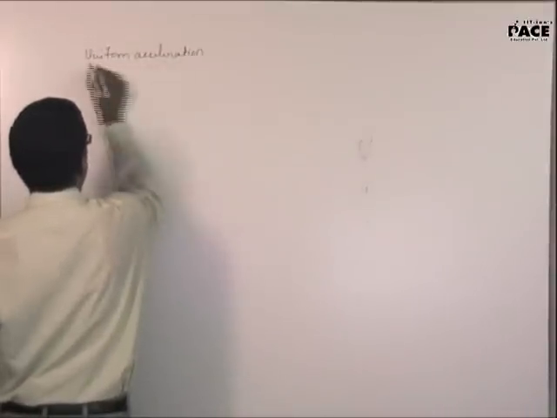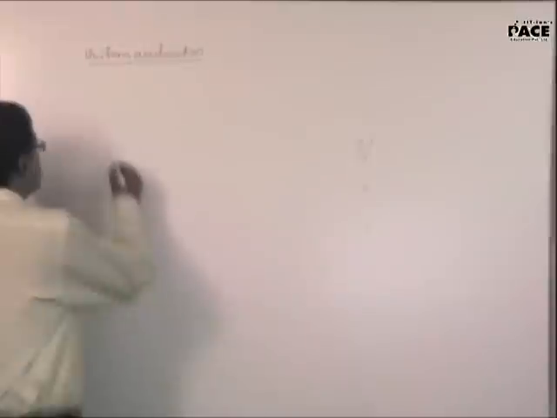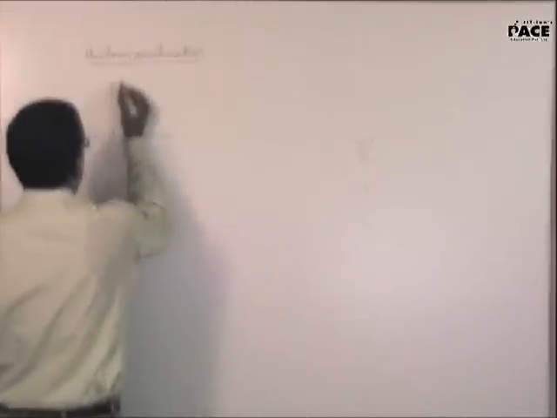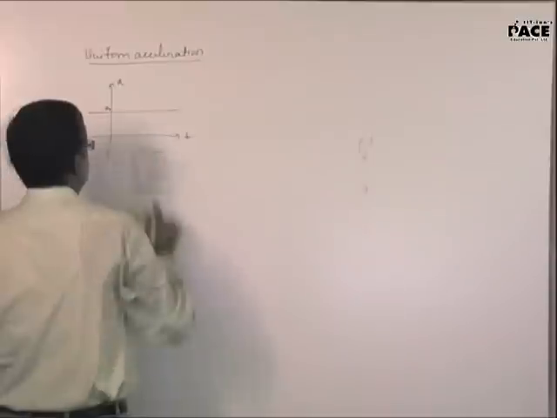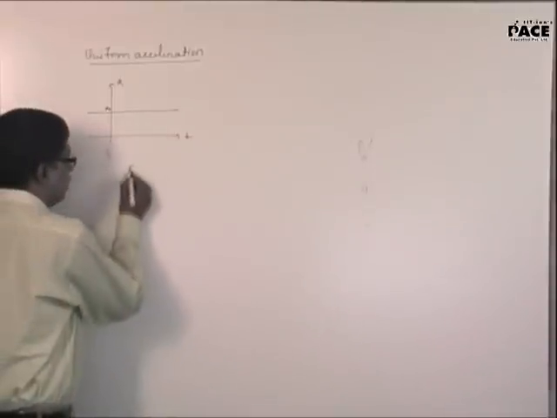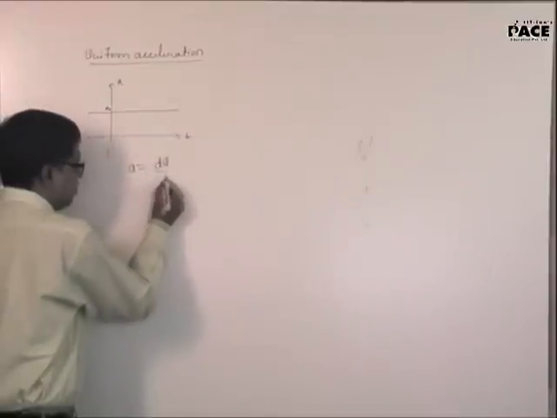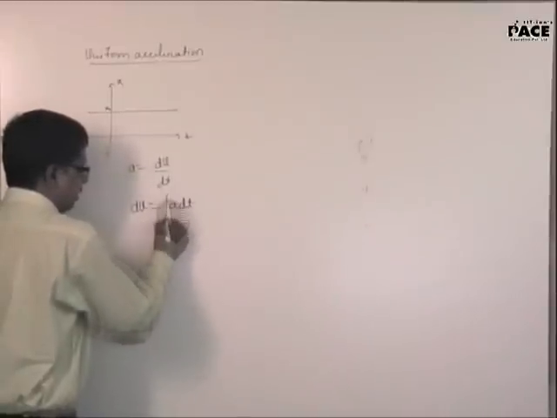Uniform acceleration. Firstly, the acceleration time graph will look something like this. It has uniform acceleration. In the previous case it was uniform velocity, so the acceleration was 0. Here it has a certain uniform acceleration. Now acceleration I write as dv by dt, so dv is a dt.